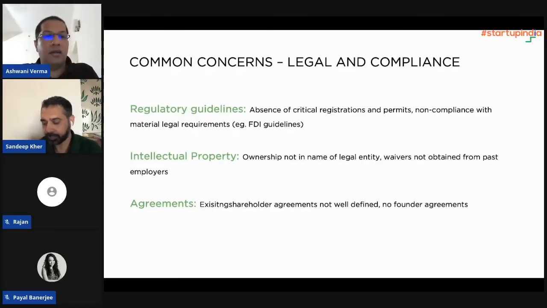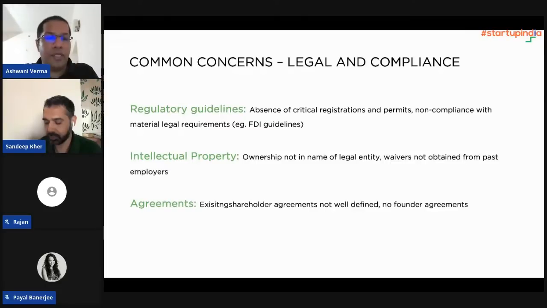And then it becomes very important as part of the legal due diligence process to verify that these structures can actually be utilized by the company for its business operations and are kosher from foreign exchange or other non-compliances.